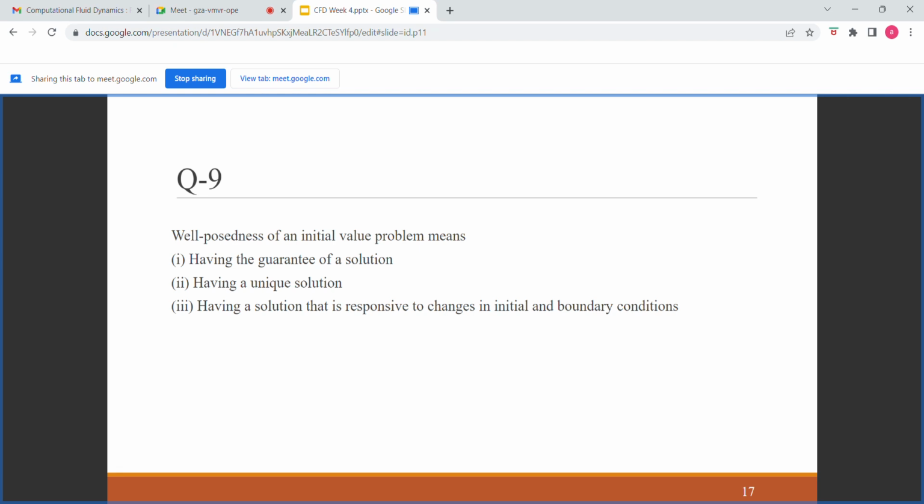And the solution should be responsive to changes in initial and boundary conditions. So if any small changes occur in the system, the solution should automatically respond to that change. Well-posedness in general means this.